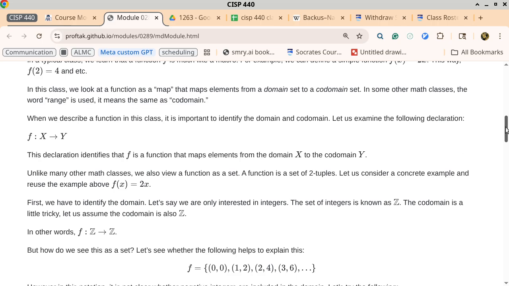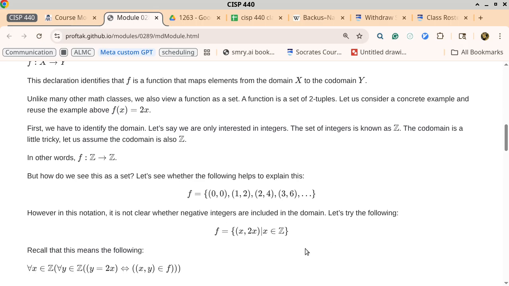Moving on a little bit. Using the notation that we talked about last week, on Wednesday, this is the short form of saying I want to define function f so that f of x is 2x, using set notation. Whatever is to the left-hand side of the bar is the format of each element.